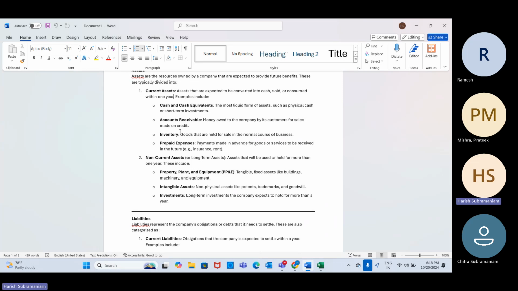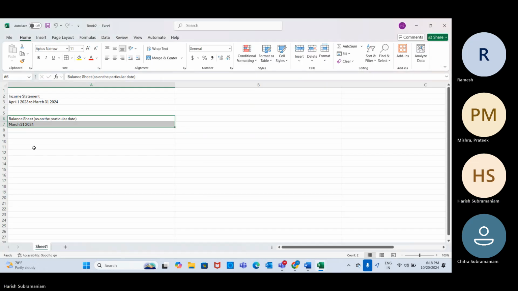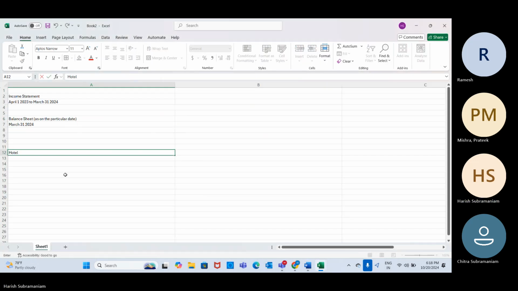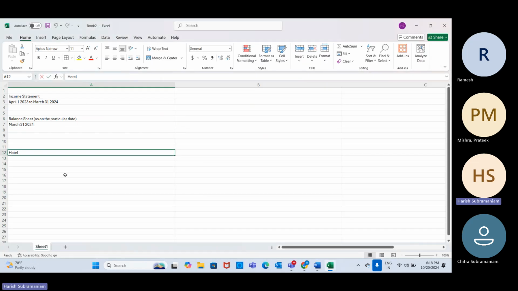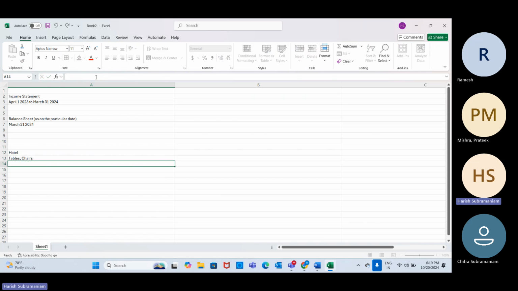So, for example, let's say that there is a restaurant, a hotel. A restaurant typically has tables, chairs, and so on, the decor, the decoration. For the purposes of discussion, let's just keep tables and chairs.